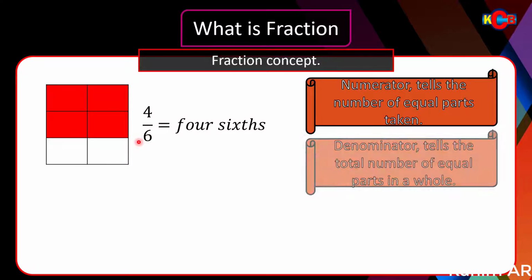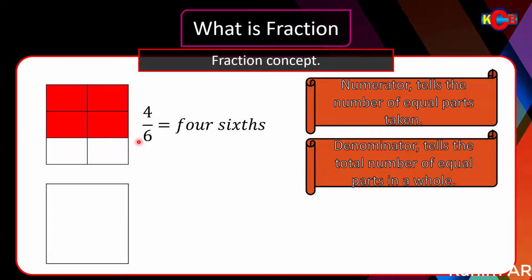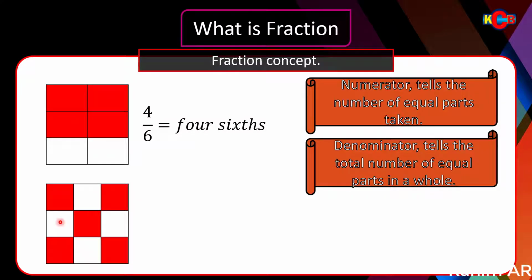Now, again, look at this example. We have 5 equal parts shaded in red. 1, 2, 3, 4, 5. And the total number of equal parts in this example is 9. 1, 2, 3, 4, 5, 6, 7, 8, 9.